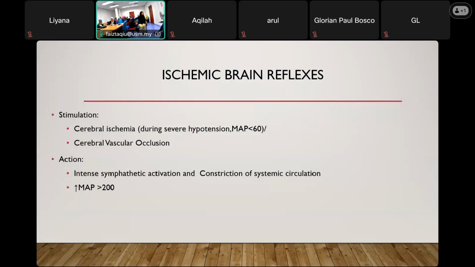A 40-year-old man not known to have any medical disease for elective surgery. His resting heart rate is 40 beats per minute, regular. His blood pressure is 90/50, and he denied being on any medication. What is your concern?